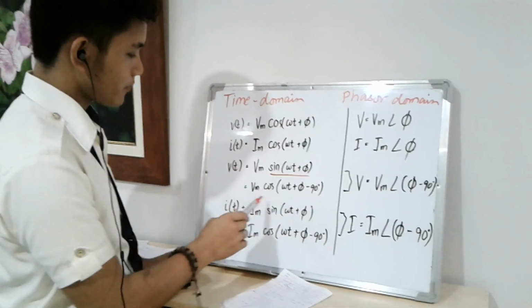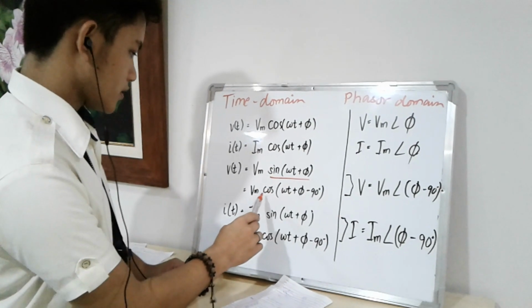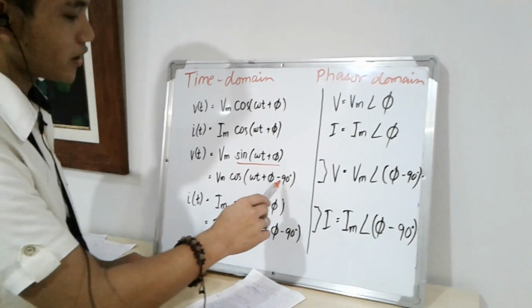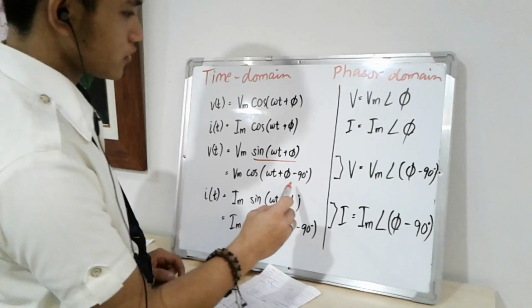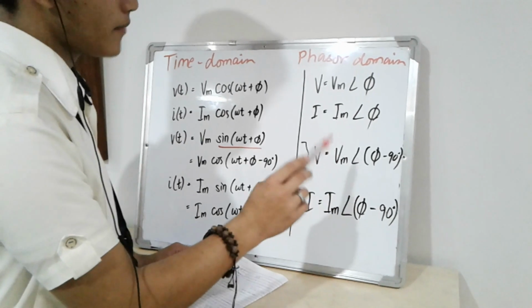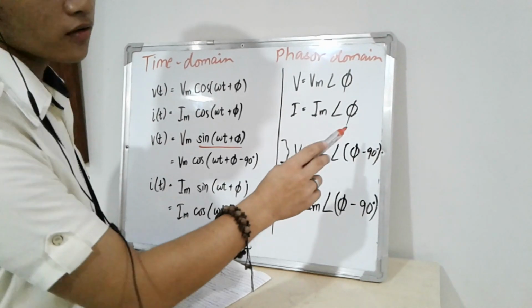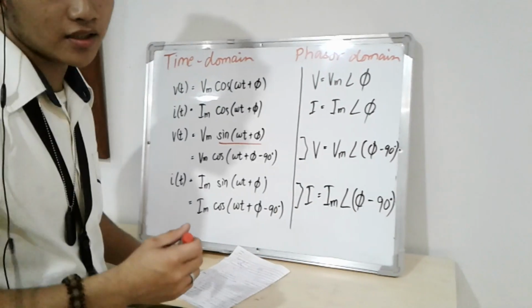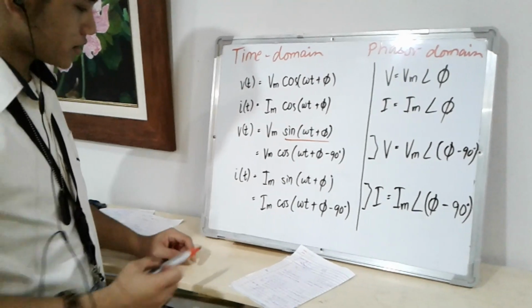Copy that: Vm cosine quantity omega t plus phi minus 90 degrees. So to write it in phasor domain, V equals V max angle quantity phi minus 90 degrees.